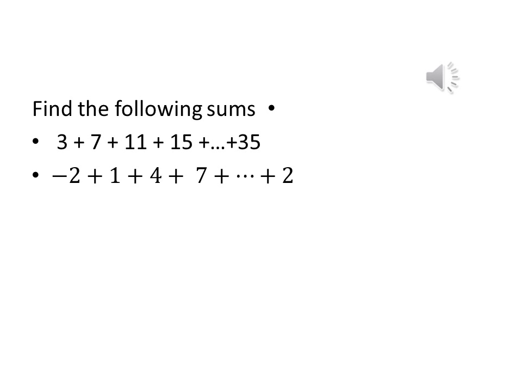The second example: negative 2 plus 1 plus 4 plus 7 plus up to 2. What sequence is it? It is an arithmetic sequence. Why? Because each term is increasing by the same distance. What is the distance? g equals 3. So negative 2 plus 3 is 1, 1 plus 3 is 4, 4 plus 3 equals 7 and so on.